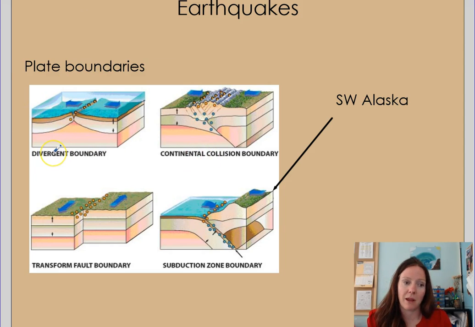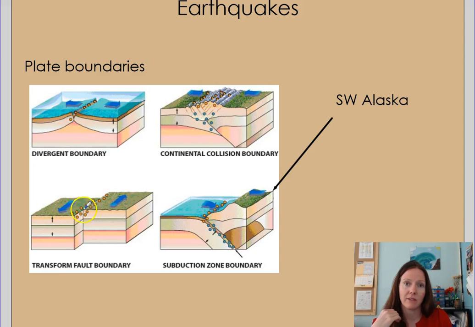A divergent boundary, divergent means away, pull away, occurs when the two plates are spreading apart from each other. The really big divergent boundary that we have here on Earth is the Mid-Atlantic Ridge. So if you look down the middle of the Atlantic Ocean, you'll see actually a visible ridge where the plate boundaries are pulling apart from each other.